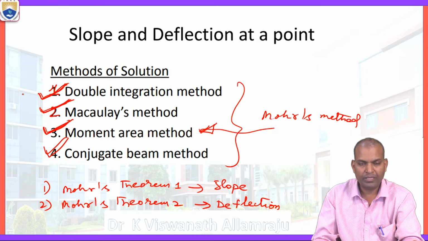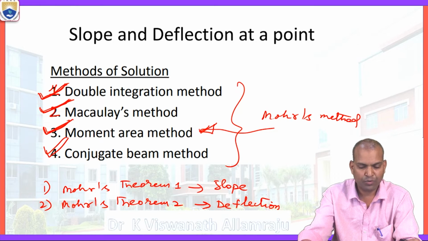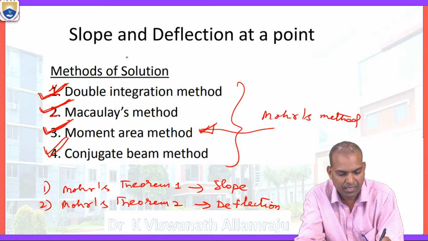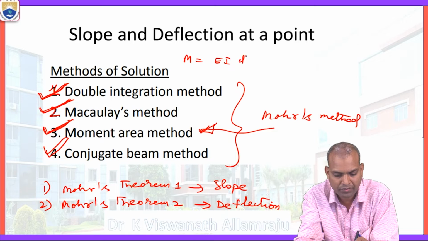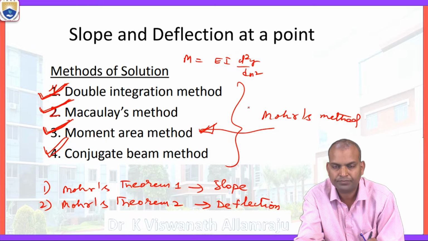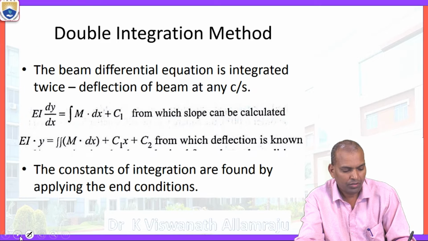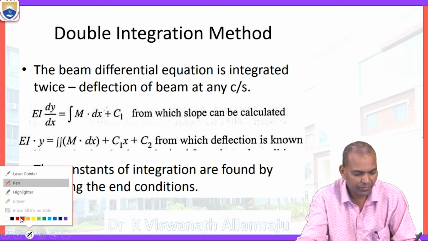In the case of the double integration method, we consider the moment equation, that is M equal to EI times d square y by dx square. What is the methodology for this?